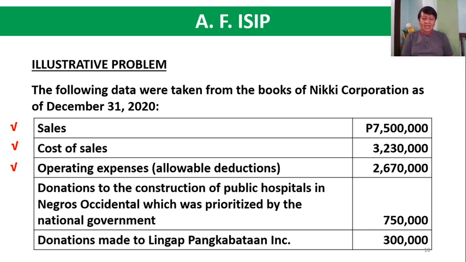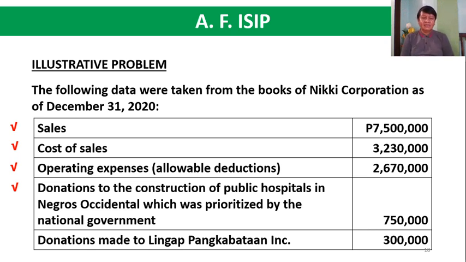So here are now the donations. Donations to the construction of public hospitals in Negros Occidental, which was prioritized by the national government. Take note, prioritized by the national government. And the amount of donation is 750,000 pesos. So take note of this. This donation is a priority project. These donations pertain to the priority project of the government.